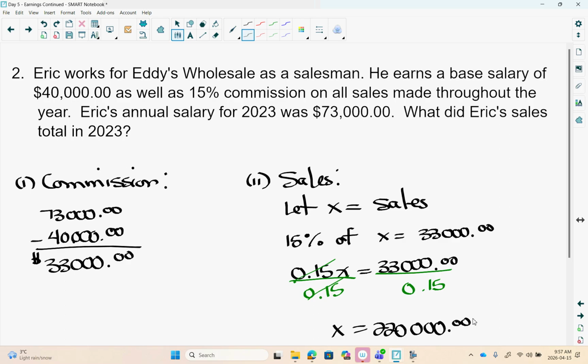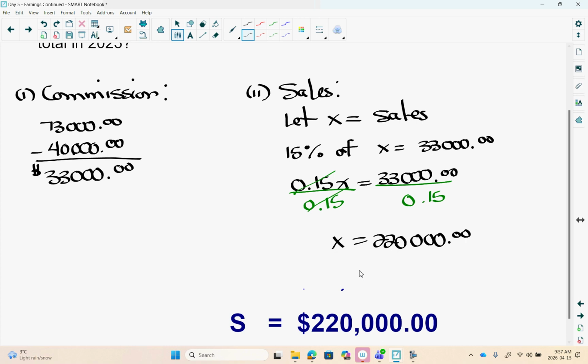Okay? That's great. He did a good job. The more he sells, the more commission he makes. In turn, that would increase his annual salary. Is everyone okay with that? And it wouldn't hurt to write a little sentence after these.